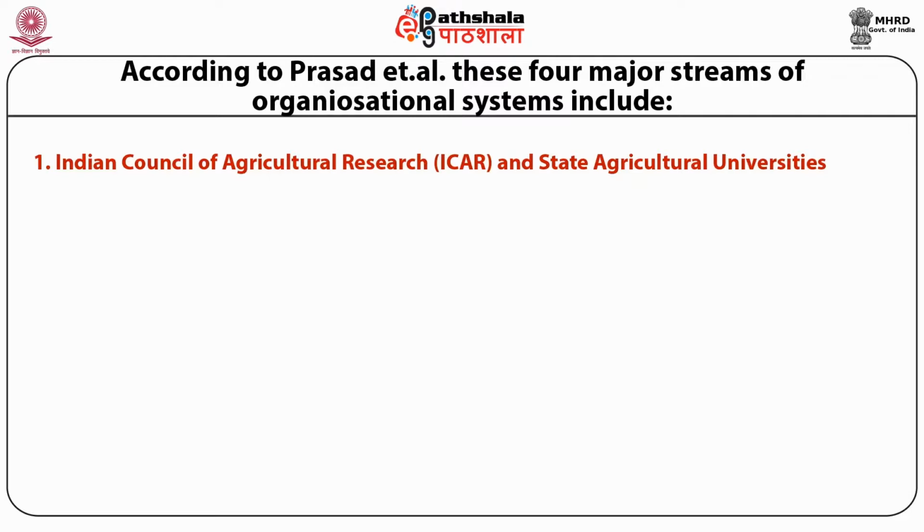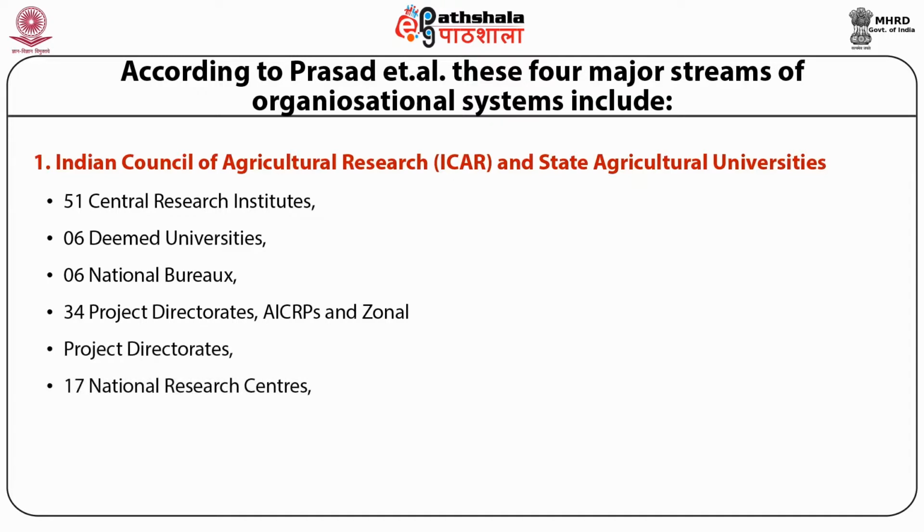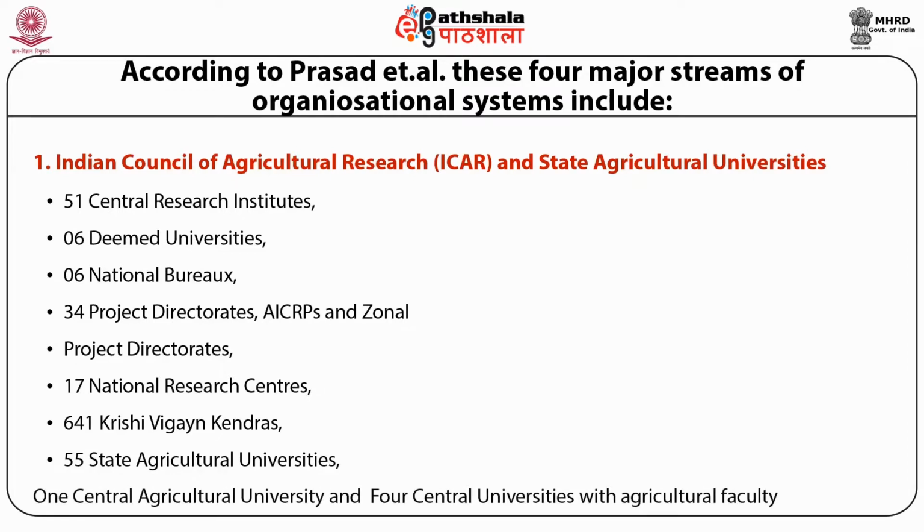Currently, the Indian Council of Agricultural Research has 51 central institutes, 6 deemed universities, 6 national bureaus, 34 project directorates, all India coordinated research projects and zonal project directorates, 17 national research centers, 641 Krishi Vigyan Kendras, 55 state agricultural universities, 1 central agricultural university and 4 central universities with agricultural faculty.